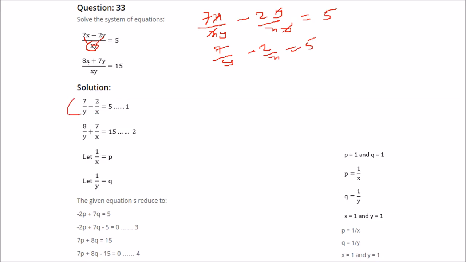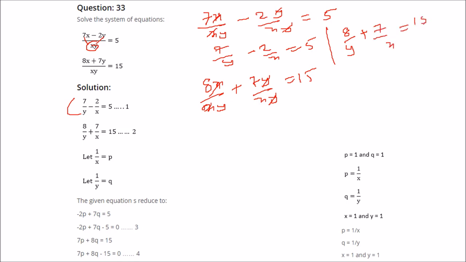Now the second equation exactly like this. So we have 8x by xy plus 7y by xy equal to 15. This gets cancelled, so it is 8 by y, y gets cancelled, plus 7 by x equal to 15. So these are two equations.